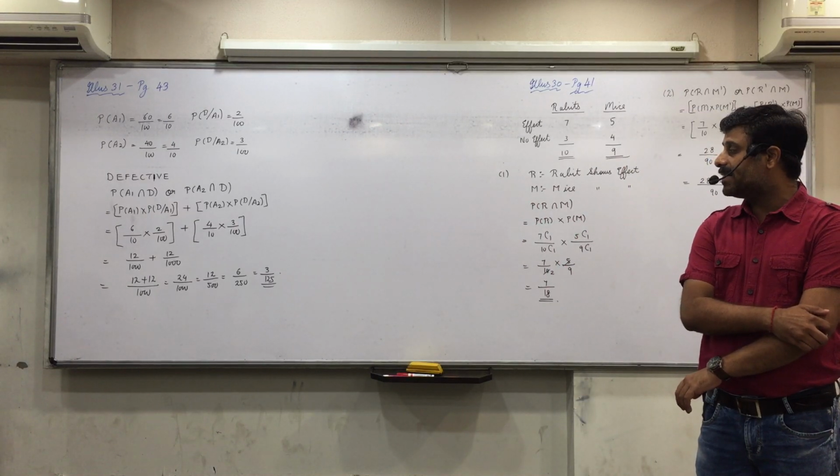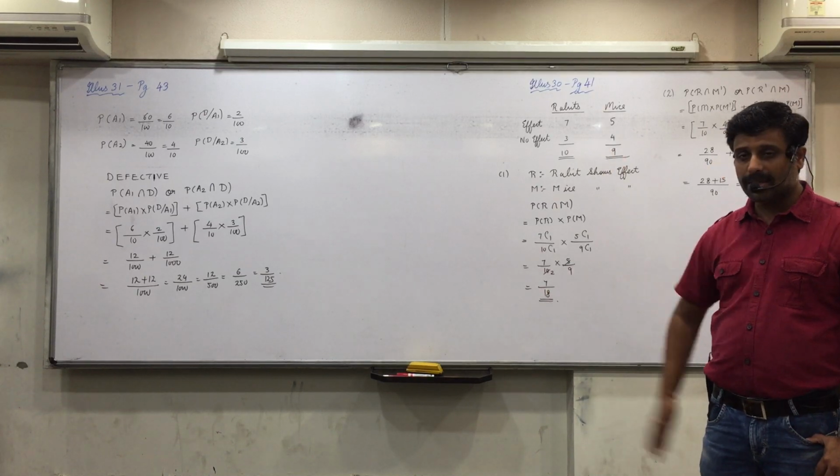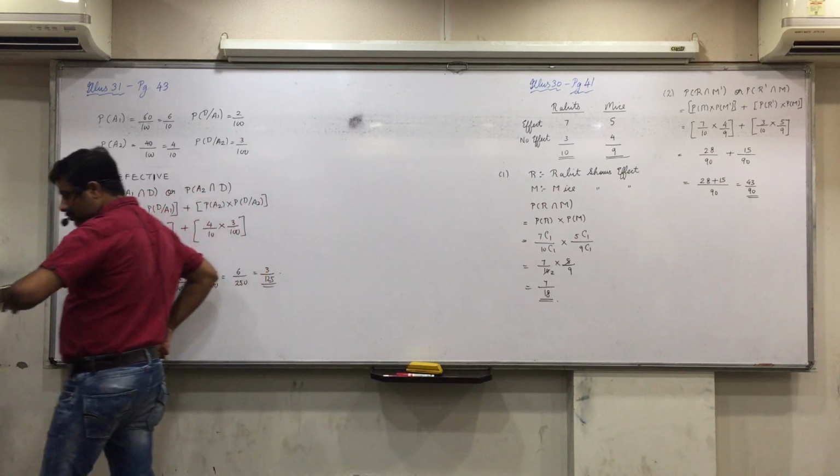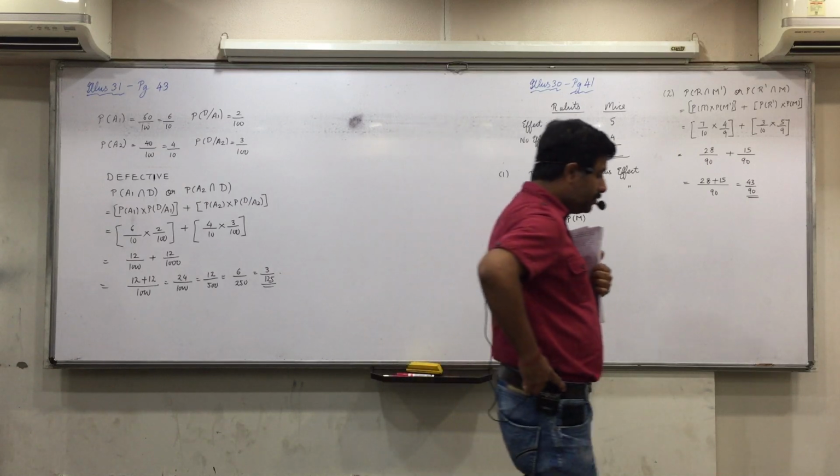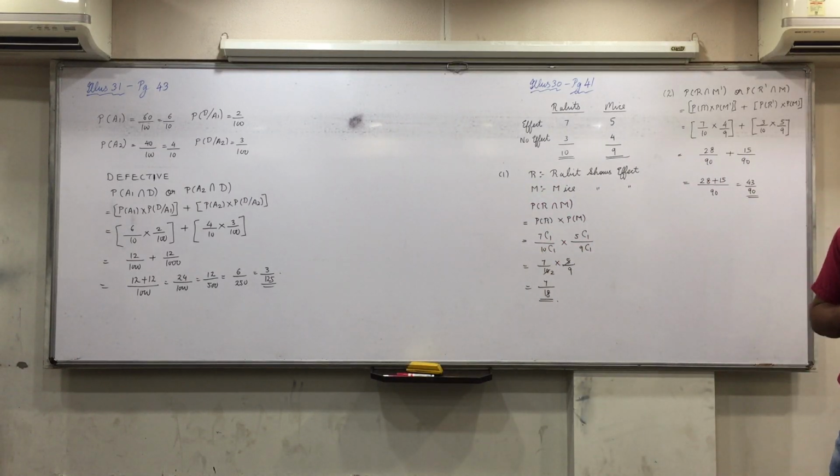The probability that the item is defective is equal to, now show the complete. So have all understood this?